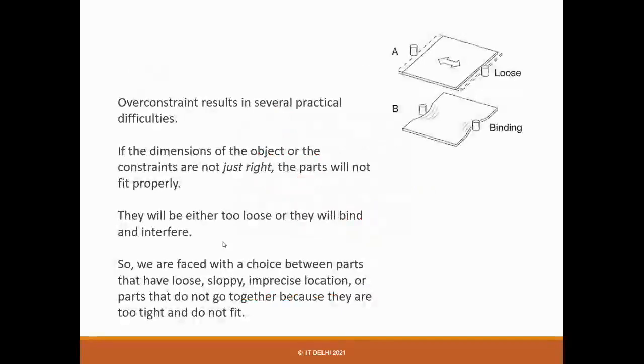What is the problem? If you have this kind of scenario, what will happen? In mechanical or in design, one thing you have to understand is there will always be some problems, some tolerances, some limitations. So when you say 5 millimeter, can you produce any component with that specification? It's not possible. There will always be some plus and minus, right?